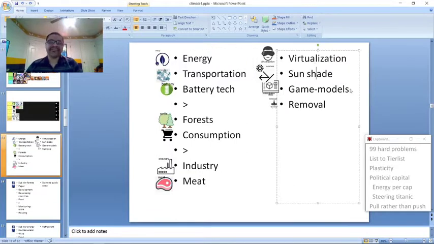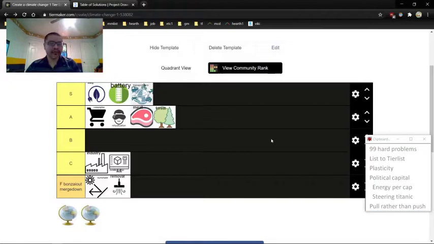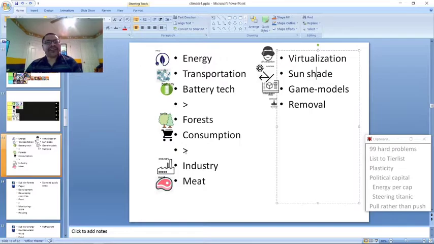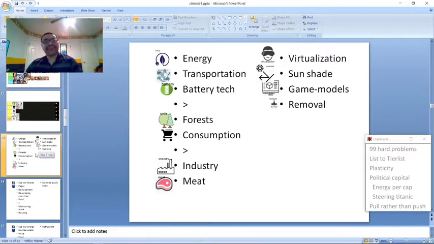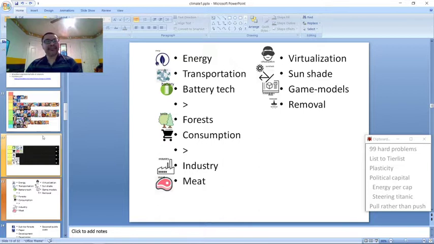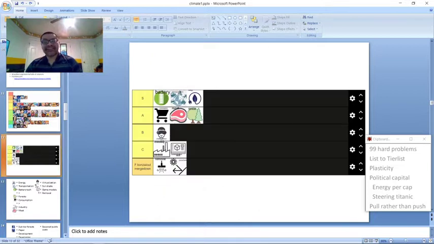Sunshade, game models, and removal. This one is what we have mentioned, the 2-degree innovation.